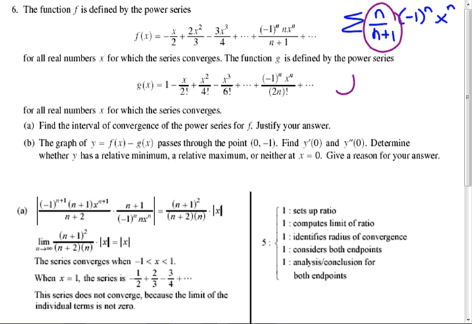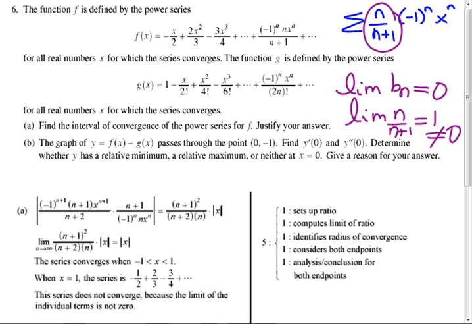And the limit of that sequence of b sub n must be 0 for this to converge. But what is the limit of n over n plus 1? It's equal to 1, which is clearly not 0, therefore it diverges. Okay? I don't have a name for it. It's just the limit of the sequence must be 0.